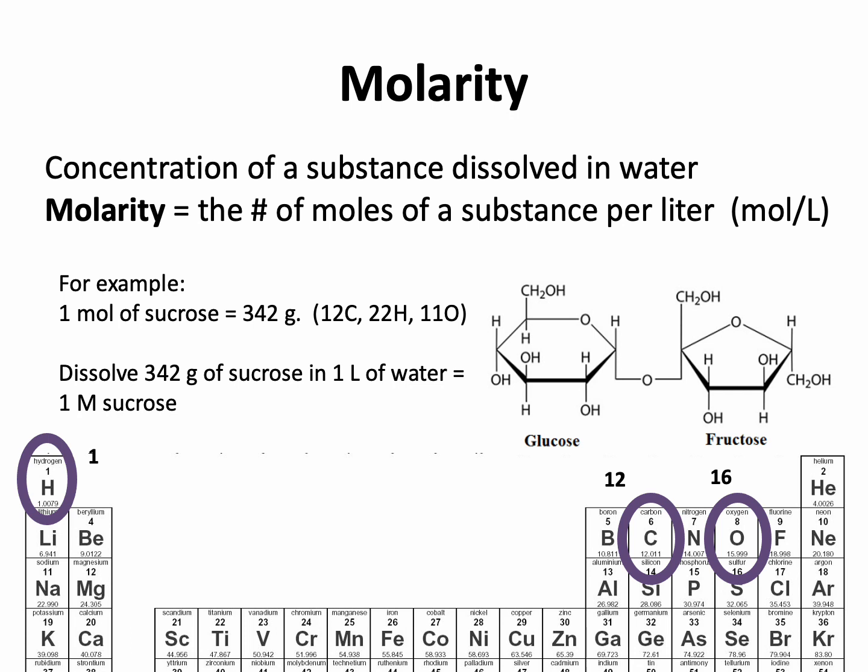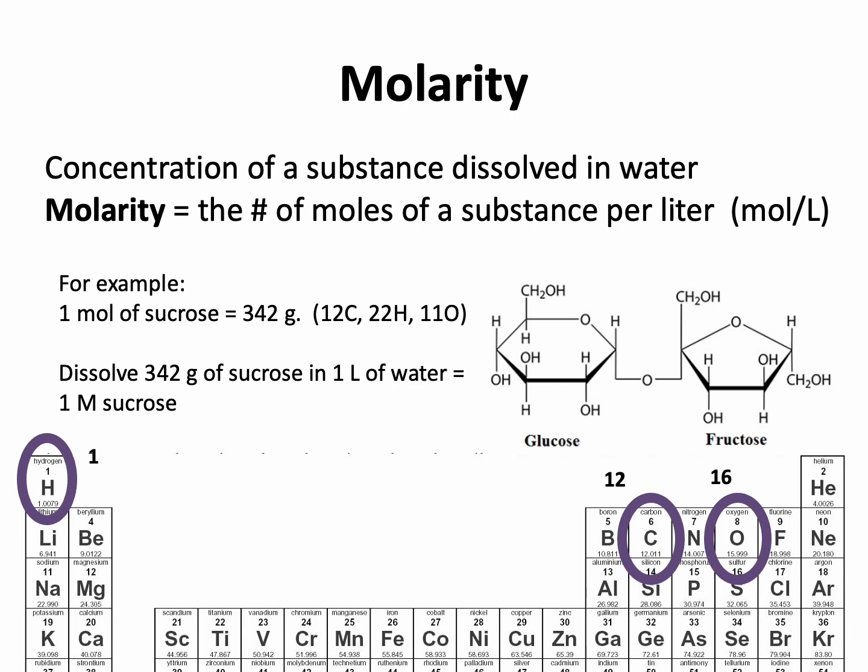So let's do another one, right? Let's do sucrose. Sucrose is made up of glucose and fructose, 2 different simple sugars that are joined together. Don't worry about that right now. But if you were to count up all the carbons, you would have 12 carbons. You would have 22 hydrogens, and you would have 11 oxygens in a molecule of sucrose, right?